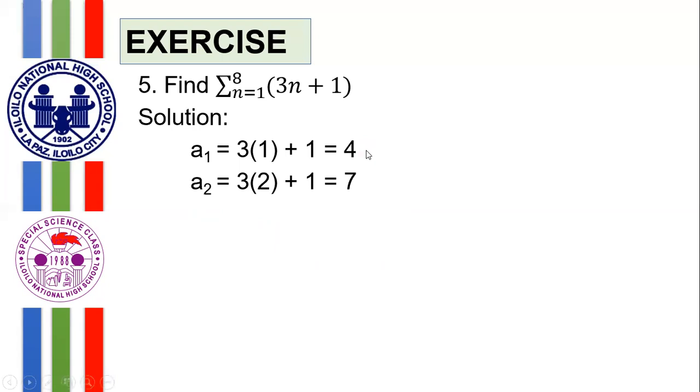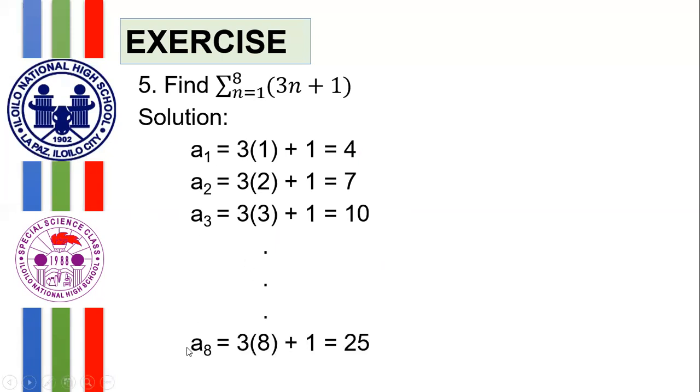For the second term, we will replace the n here by 2. So you have a sub 2 equals 3 times 2 plus 1, which is 6 plus 1 or 7. The third term is 3 times 3 plus 1 or 10. All the way, your last term, which is a sub 8, equals 3 times 8 plus 1 or 25.